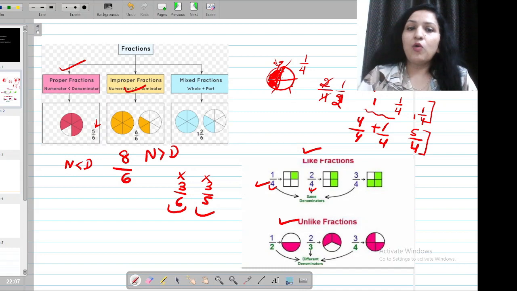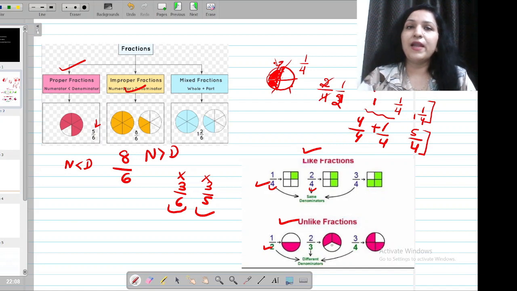And if the denominator is different, if the whole is divided into different equal parts, those are known as unlike fraction. You can see here in the picture, complete circle is divided into two parts. Denominator is 2. Denominator always tells you how many total parts are there. Second figure, 1, 2 and 3.